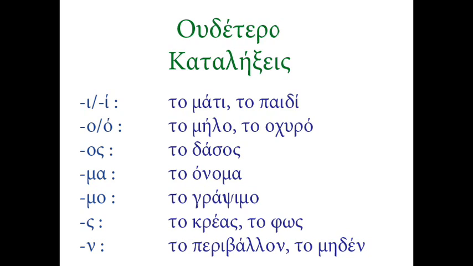Of course there are many different neuter nouns that end in sigma, but here we have only two. And we have the neuter nouns that end in -ν. For example, το περιβάλλον, which means the environment, and το μηδέν, which means the zero.